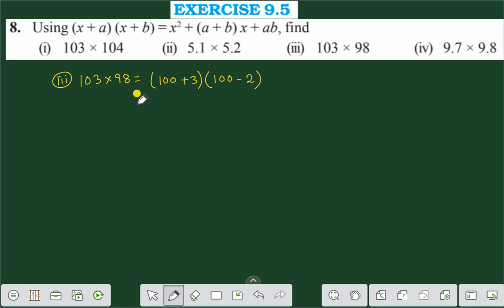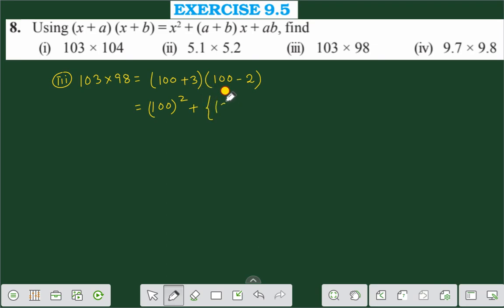We use this identity, right? If we use this identity, then we are getting x square, that is 100 square, plus (a plus b).